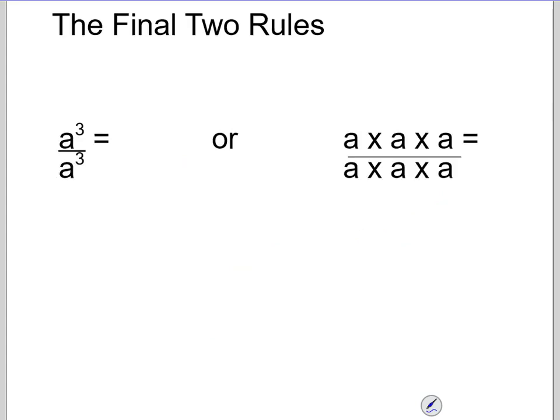Okay, so let's look at one more, and then we'll finalize what we're going to do here. A cubed divided by a cubed is just 1. A quantity divided by itself is just 1. If we come over here and we do, oops, I should have done that one as the exponent first. That one will be a to the 0.